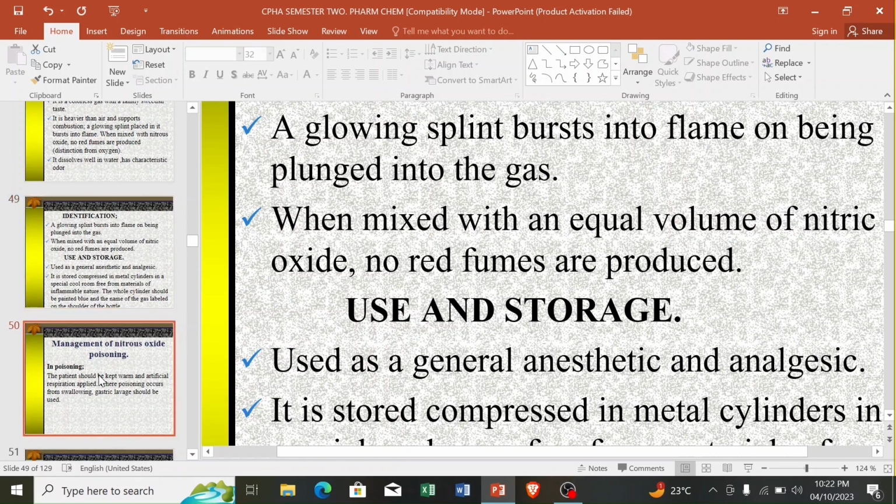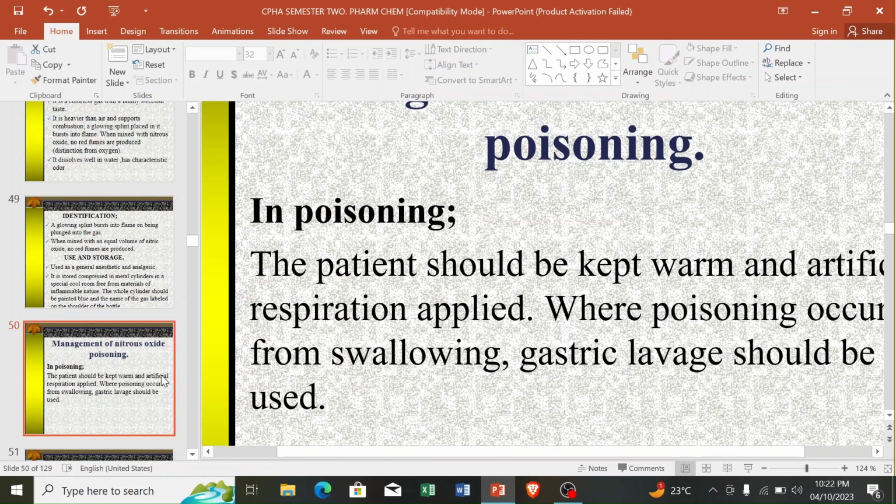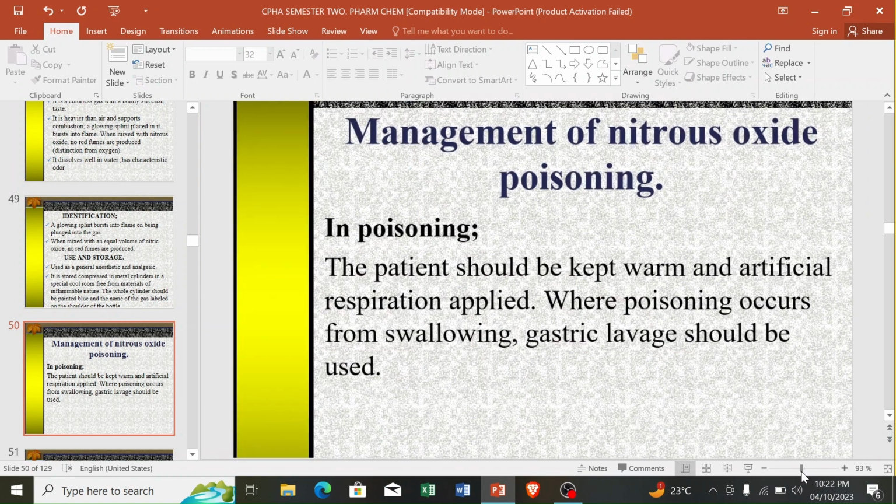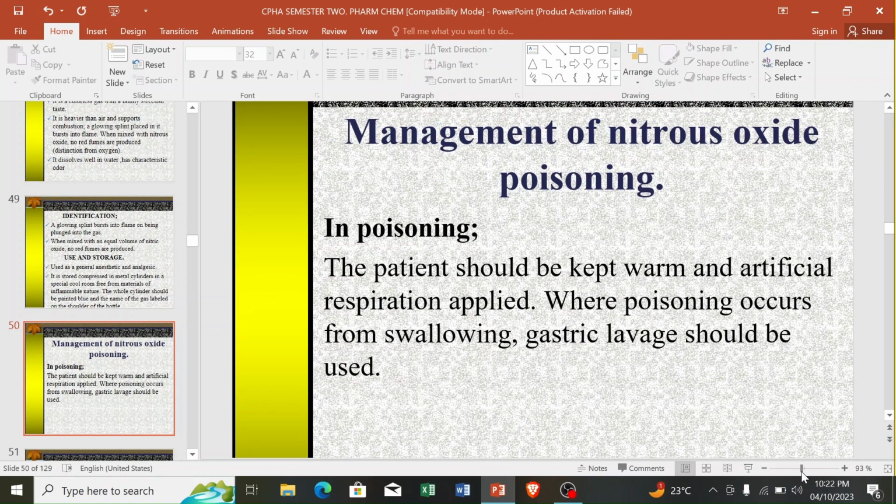Okay, and then we have to look at what to do in case of poisoning, in case we have overdosed a patient with nitrous oxide. How do we manage it? We call such a case poisoning, or in case not really overdosing, but some patients got exposed to nitrous oxide and have inhaled much of it, or in whatever way it has been administered too much.